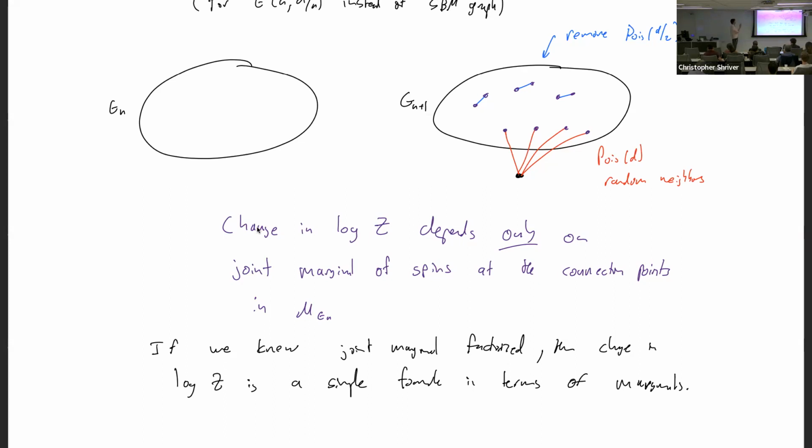Okay, so if we knew that their joint distribution factorized, if the spins were independent at these points, then this change in partition function would have an especially nice form, right? Because now we're just writing things in terms of independent random variables.